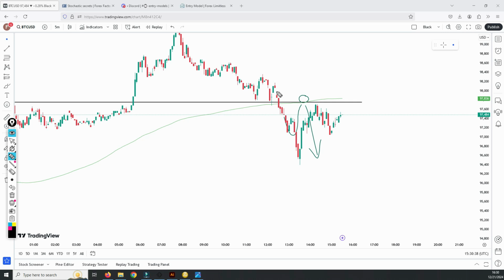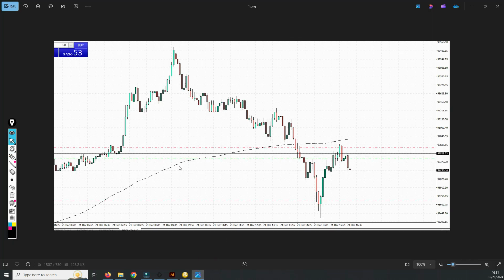A few moments ago, when I was recording this video, this setup was playing out. Price goes below moving average 200, retests it, creates a pattern. This is our pattern. Then I entered a sell trade. So I basically traded this, and I took a few screenshots just to show you where I entered and why. And later I'm going to explain to you exactly how this works.